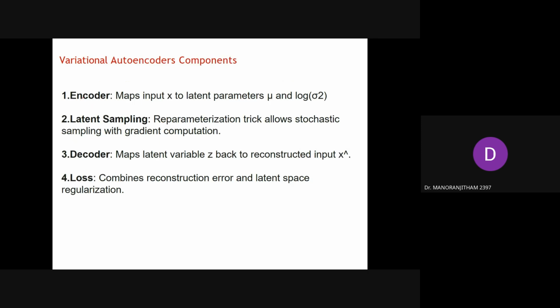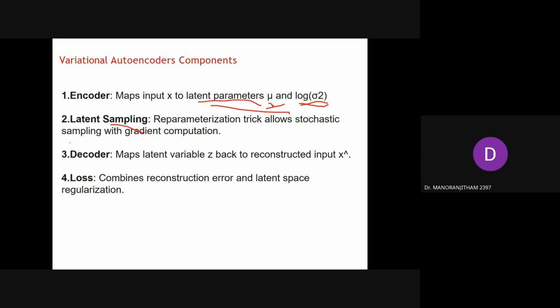The encoder output will be the latent parameters: mu and log variance, that is, log of sigma square, along with the latent sampling.